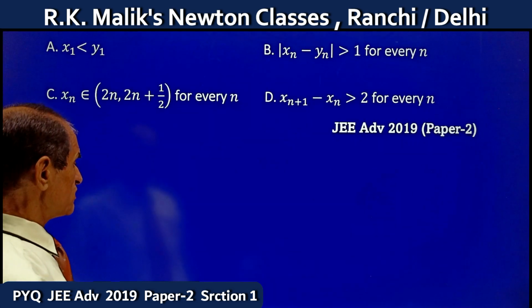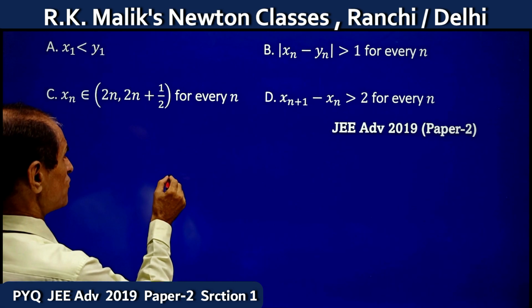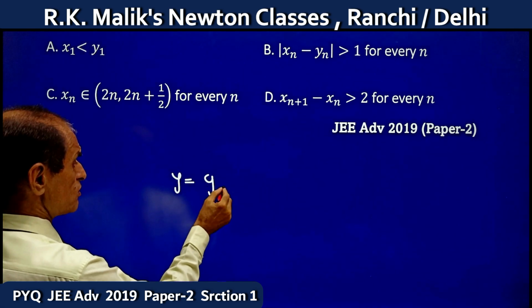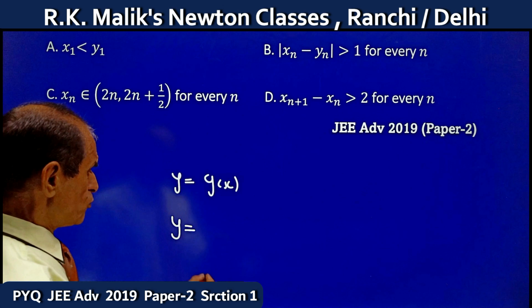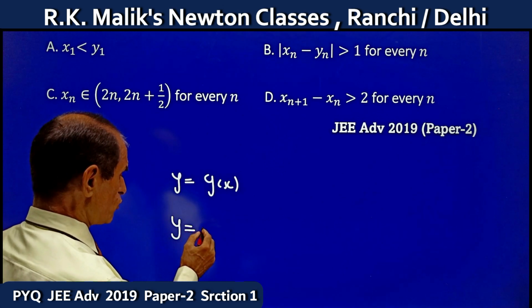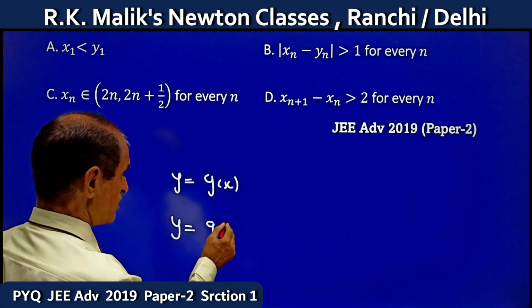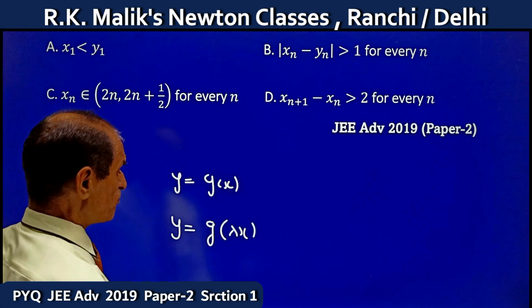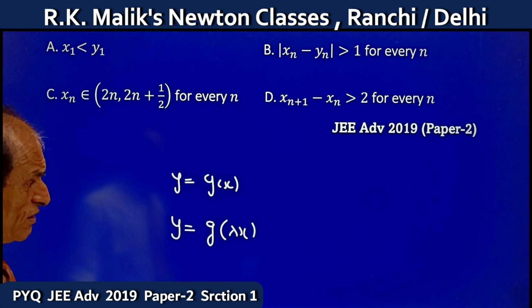This is very obvious that if you are dealing with the function y equal to g(x), then dealing with the function y equal to g(lambda x) is also very easy.